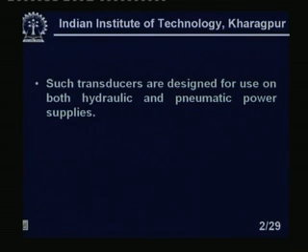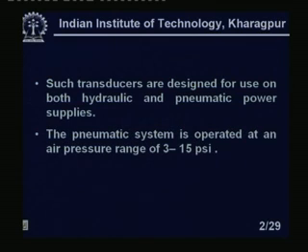So it is a totally pneumatic system. Such transducers are designed for use in both hydraulic and pneumatic power supplies. The pneumatic system is operated at an air pressure range of 3 to 15 psi. Though we use SI units in academics, in industry they still use terms like 3 to 15 psi. As you know, 3 to 15 psi is standard for pneumatic systems, which corresponds to 4 to 20 milliampere of current in the electrical domain.